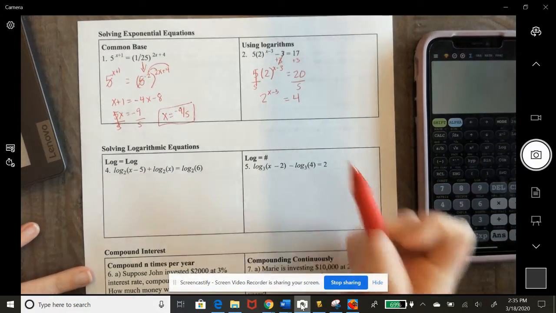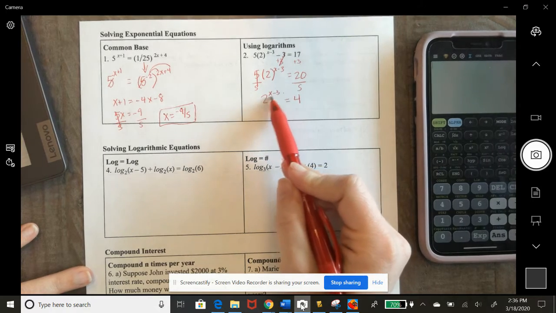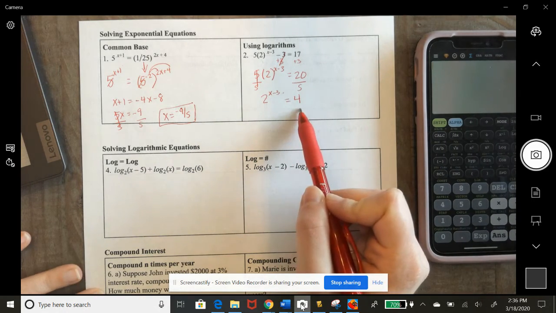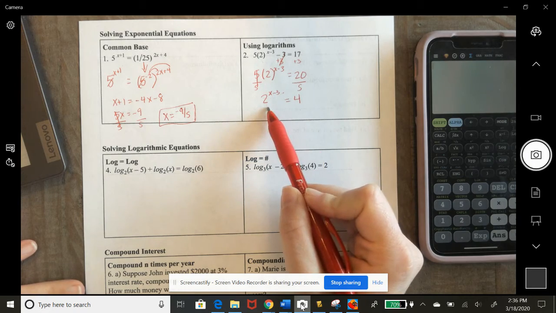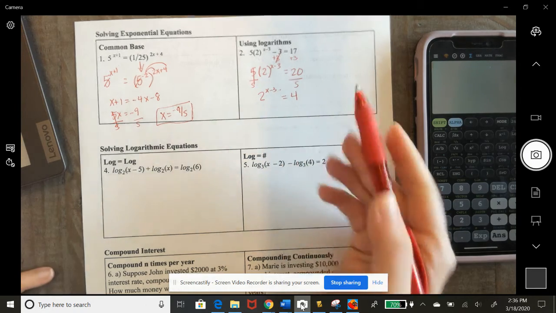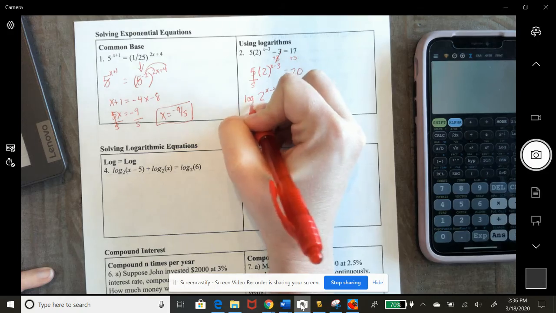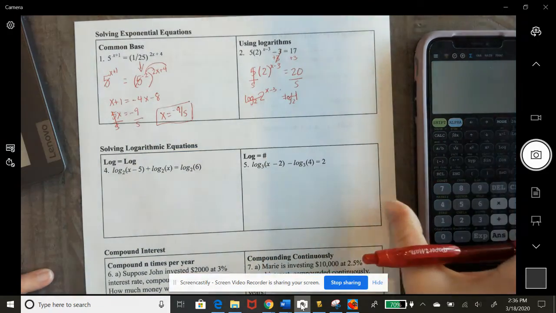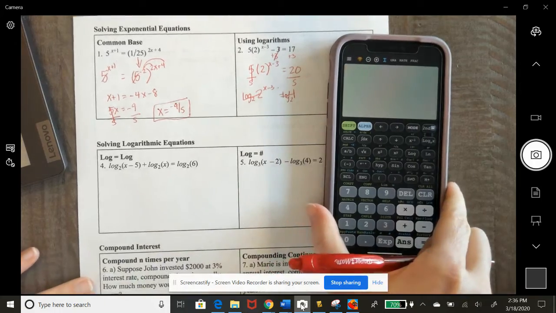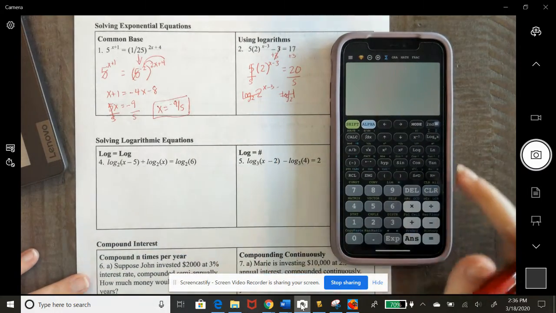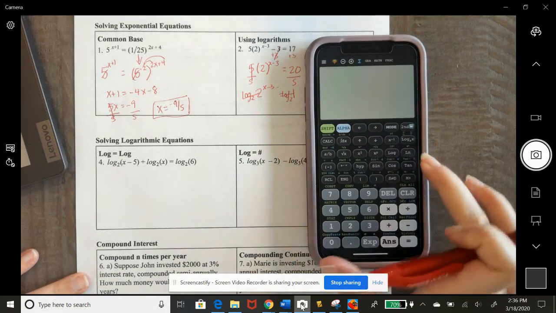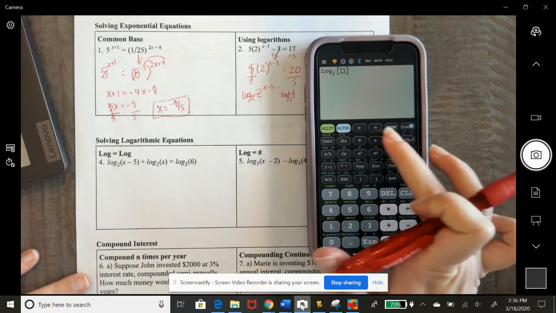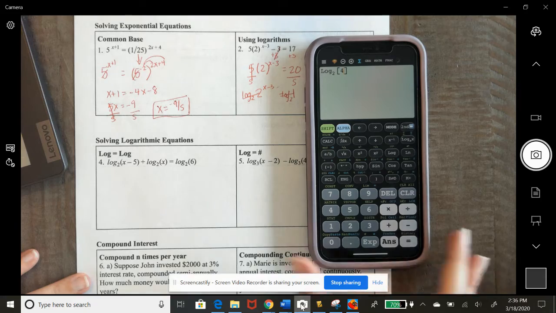Now we have to find a way to get this out of the exponent. Actually, you could use a common base here. I didn't mean for that to happen, but I'll show you how to do it without a common base as well. We need to use log base 2 if we want to cancel out that 2. On the right side we should know what that is, but just so I can show you that log A button, we can do log base 2 of 4.